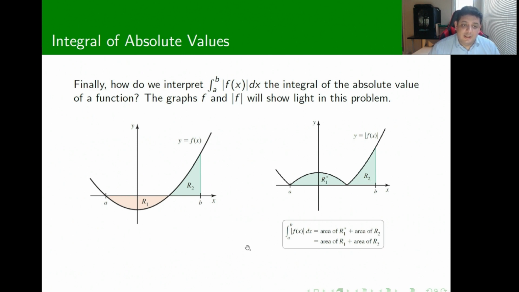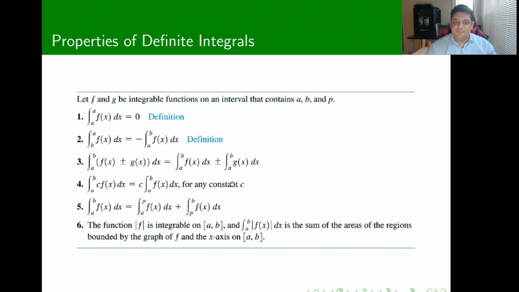So in general, the integral of the absolute value of f of x from a to b is going to be the area of R1 plus the area of R2, with no change in the sign. Be careful with this particular example: the absolute value of f of x fixes the problem with the sign and just gives me the positive area.